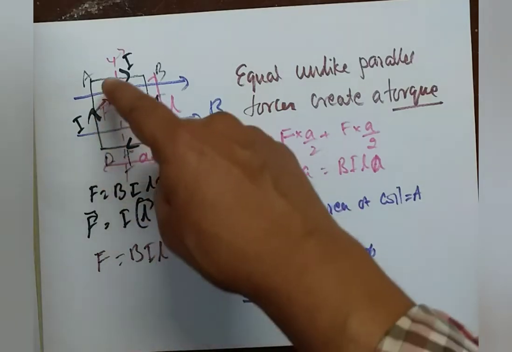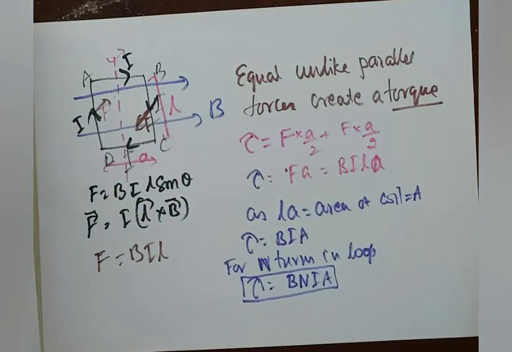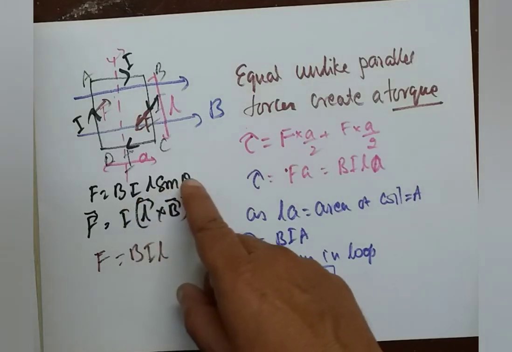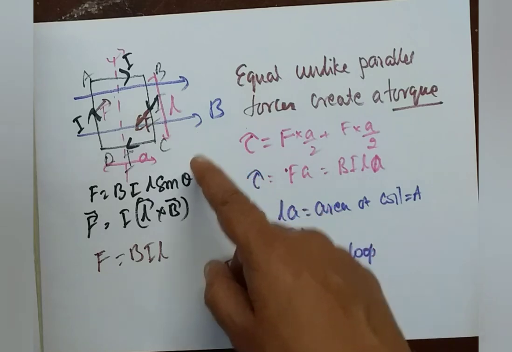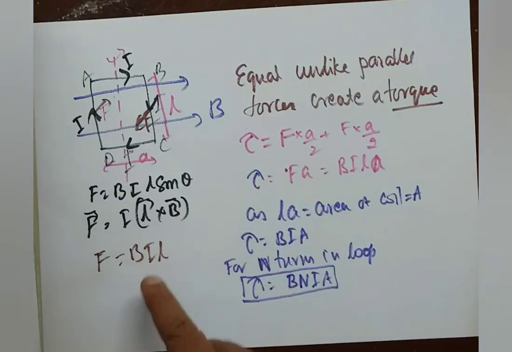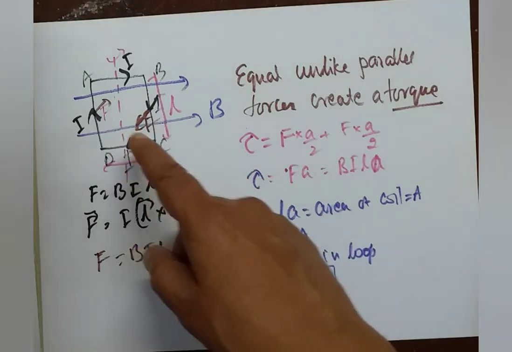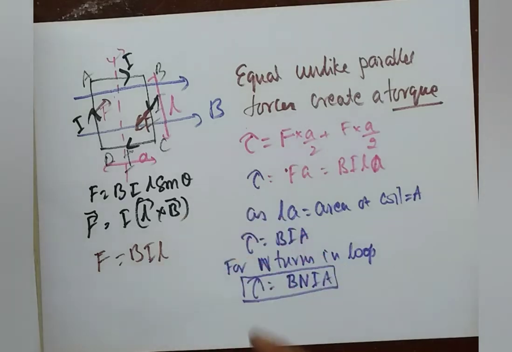But BC and AD are perpendicular to the field B. Therefore, there acts the force given by BIL sin theta, and as length and B, the magnetic field, are perpendicular, we can simply write BIL. They act in opposite directions on AD and BC. Therefore, they act like equal unlike parallel forces. They create a torque, that is, they create a couple.